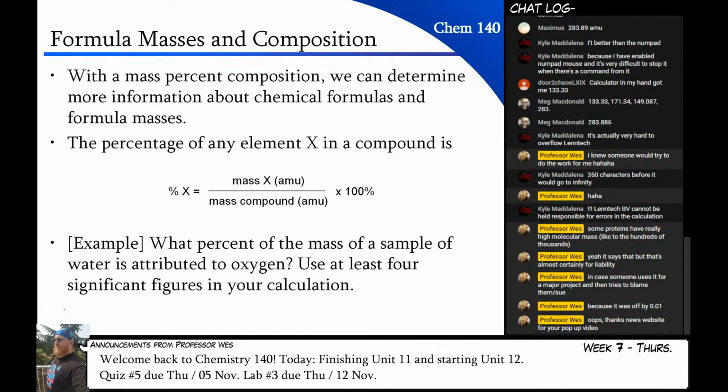For example, I could ask you a question such as this. If I give you a pound of water, we'll say, what mass of that water is oxygen? And you can actually answer that. And the way that we would do that is the following.